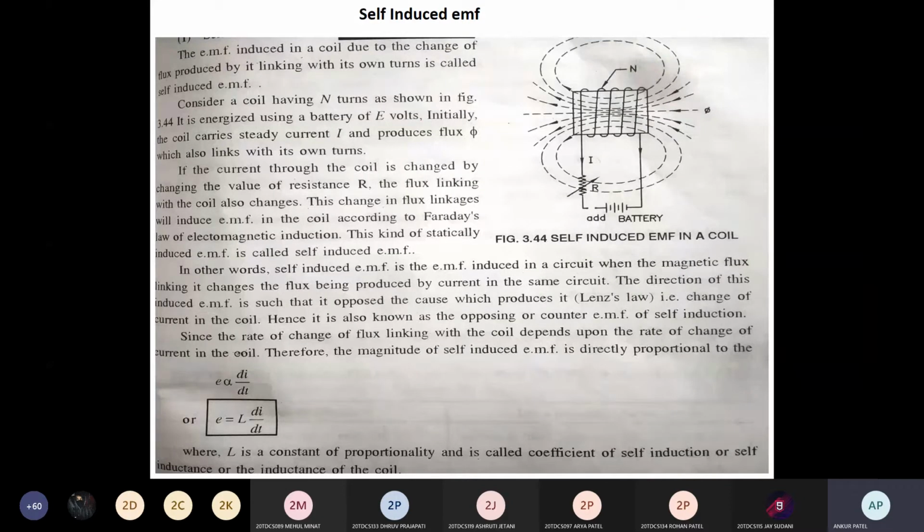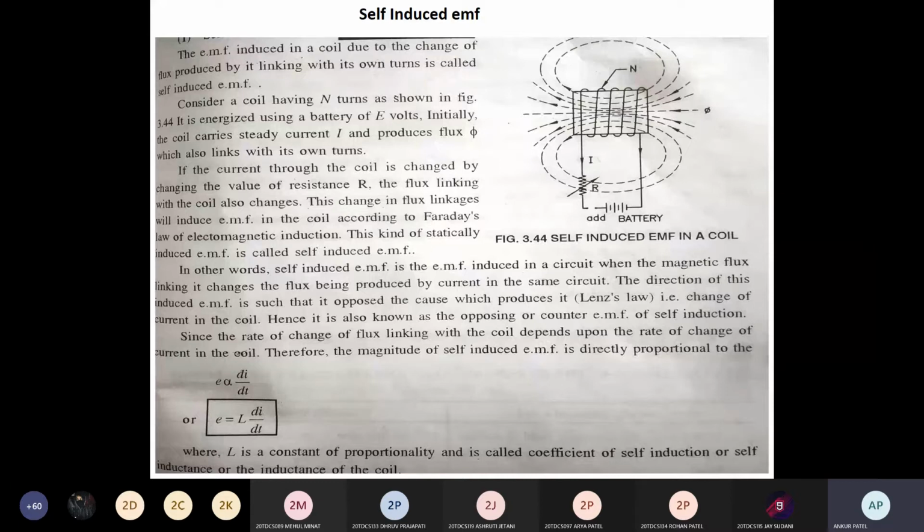Consider a coil having n turns energized using a battery of E volts. Initially, the coil carries steady current I and produces flux phi, which also links with its own turns.